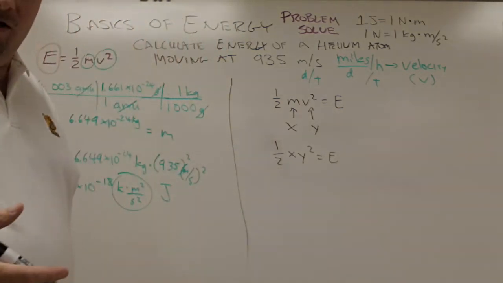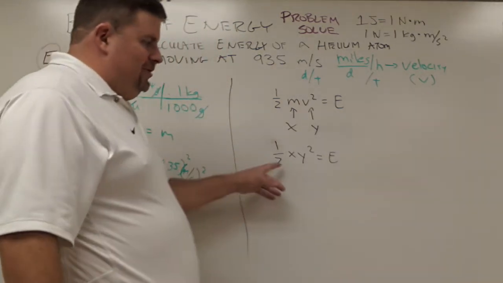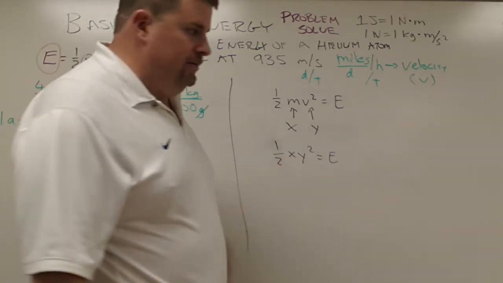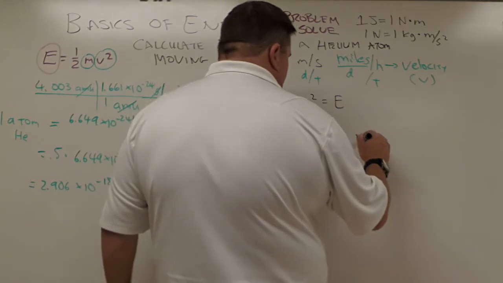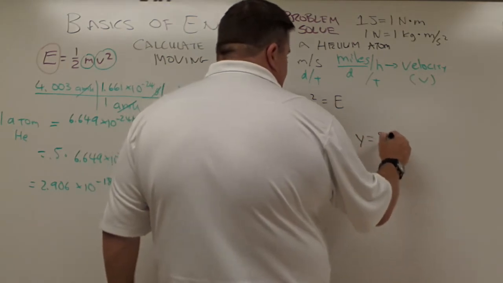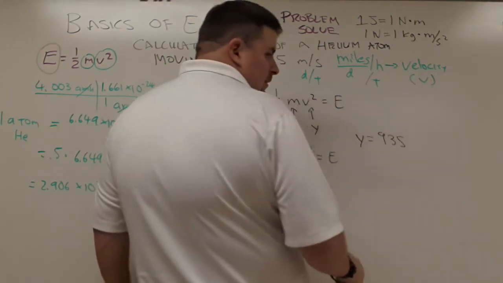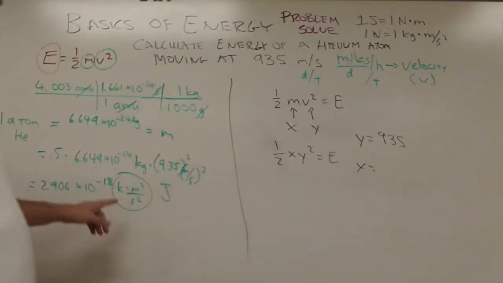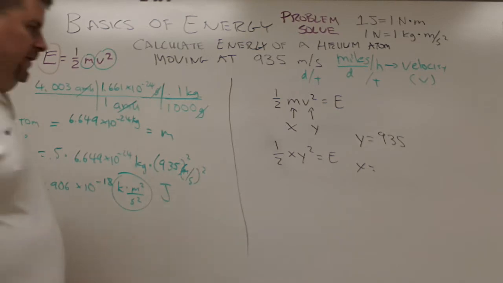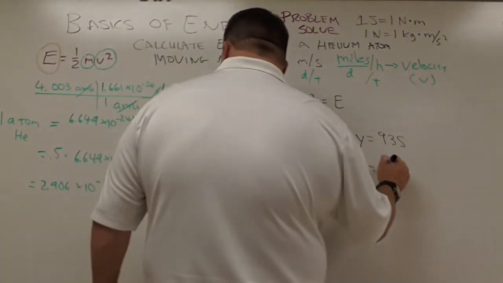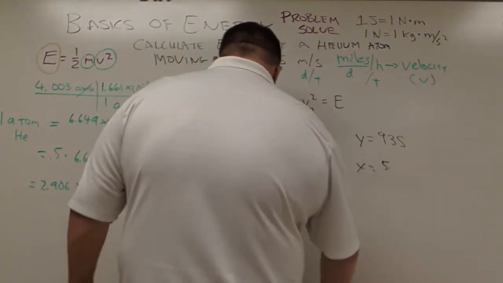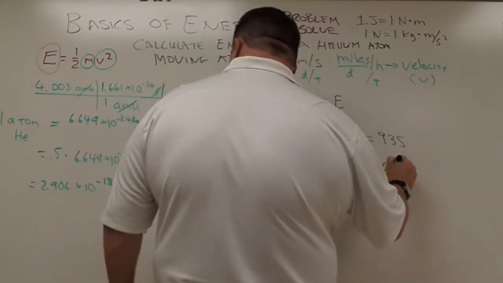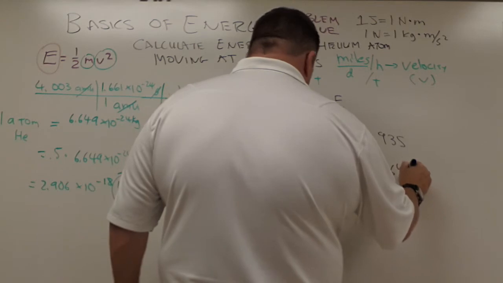Now in this case, we've got values, so we can solve this 3-variable equation by looking at the values of 2 of the variables. If y is equal to 935, okay, and x, that was the one that was hard to figure out, right? That's our value for x. 6.649, excuse me.